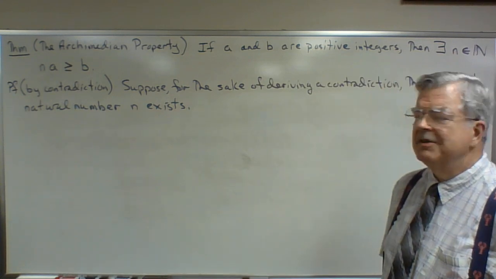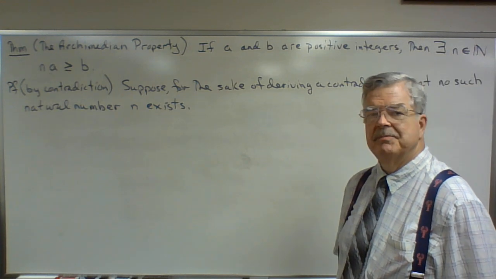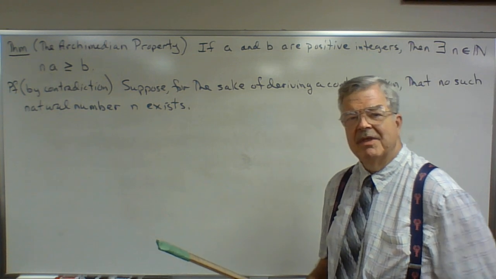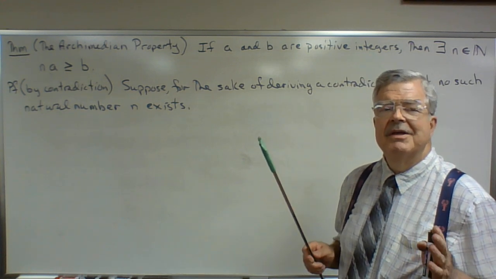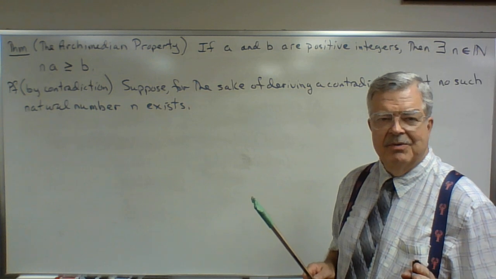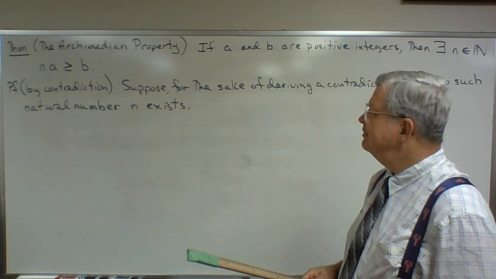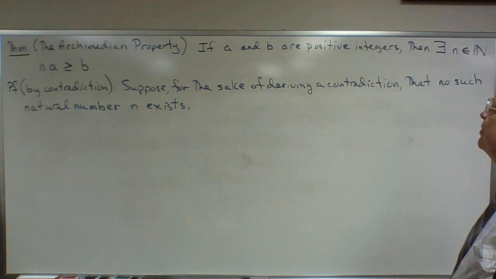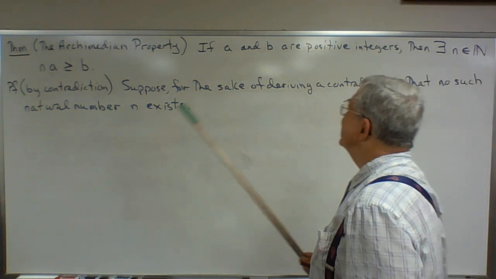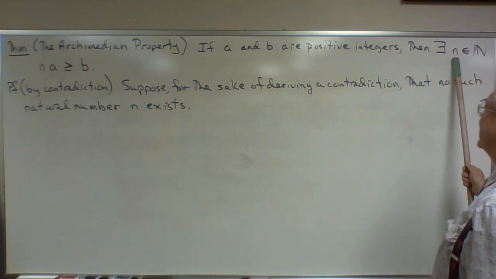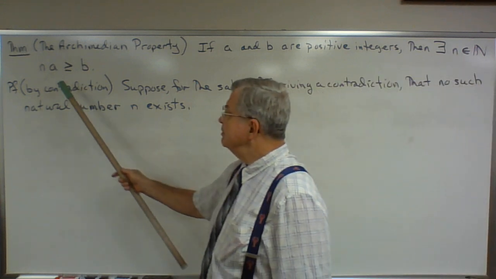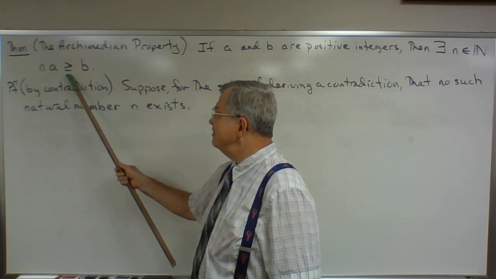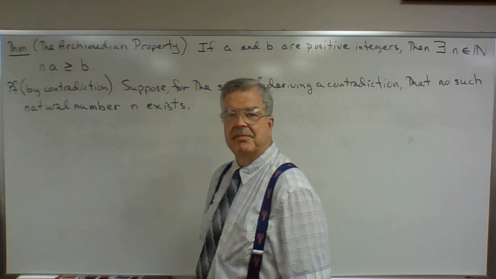And we're going to do this proof by contradiction. And when we do a proof by contradiction, we assume the exact opposite, or the negation, of what it is we're trying to prove. We're trying to prove that there is a natural number n that we can multiply a by to get something that's at least as big as b, if not greater.